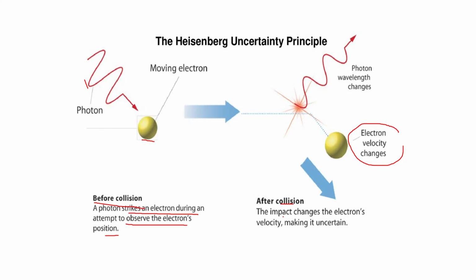After collision, the impact changes the electron's velocity, making it uncertain. Clear or not? That is, when a photon of shorter wavelength strikes this electron, then after the collision, its velocity will be uncertain due to the high momentum of the striking photon.